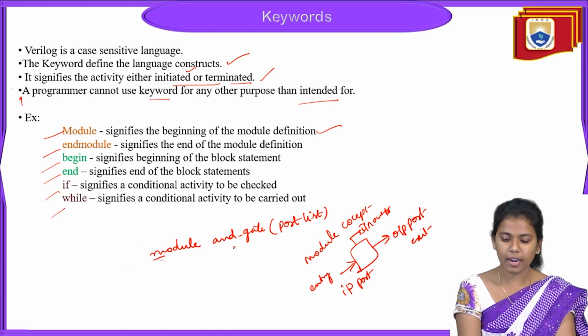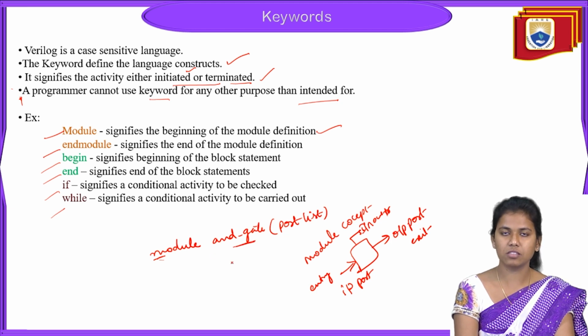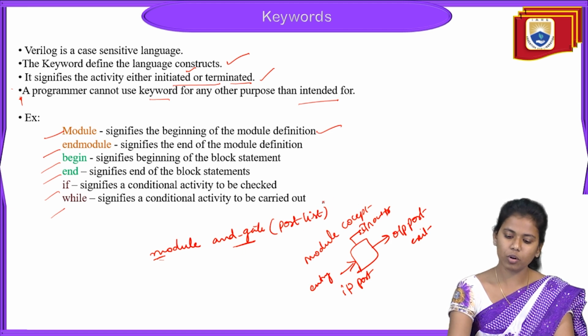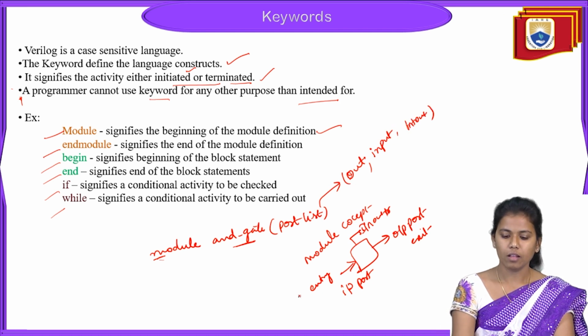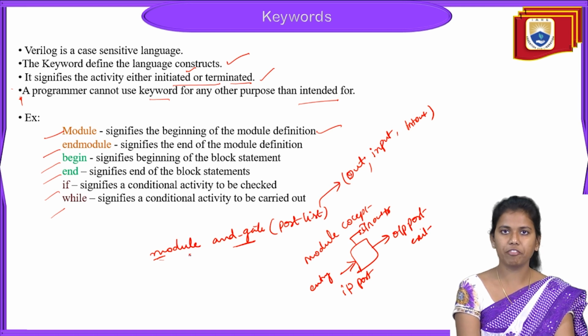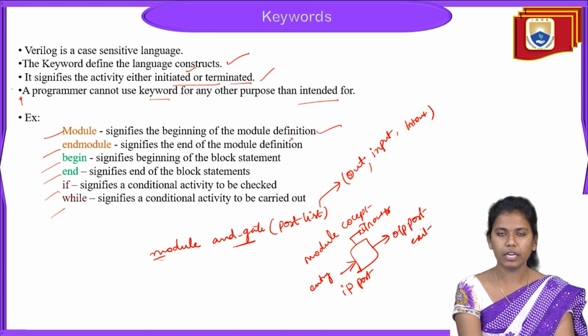Module and gate: the device, the circuit that you are considering is an AND gate, and the port list consists of, first, the output ports, then input ports, and in-out ports. So here the module signifies the beginning of the module definition.